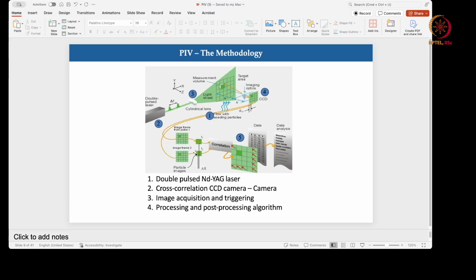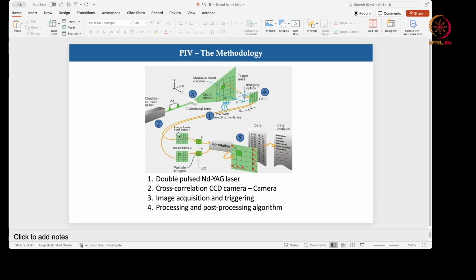So these are the particle images. You take out the interrogation windows. This has an intensity I1 and this has an intensity I2. The particles may have moved by a distance delta x. Then you do the correlation, which is typically done using Fourier transform, and then you get velocity vectors. You get one velocity vector for each of these measurement windows.